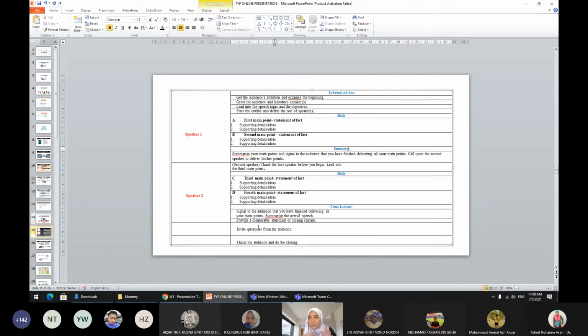Basically, you have to use the structure politely. After one person has ended their turn, their part of delivering the content, you have to thank that first person. Okay, thank you Rosma for explaining the first finding of this research.